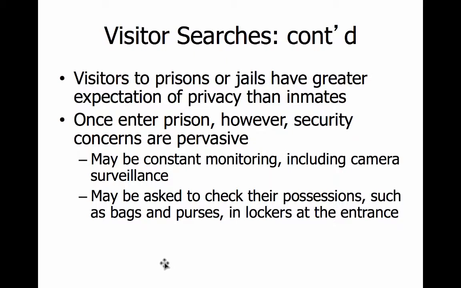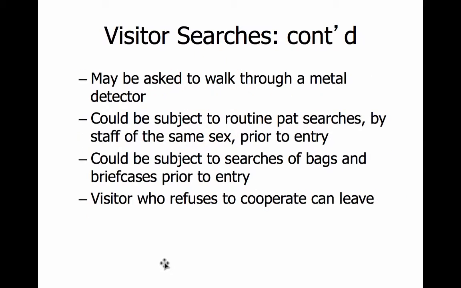However, once they enter prison, security concerns are pervasive and they can be checked. They could be asked to walk through a metal detector, or undergo pat searches by same-sex staff, or have their bags and briefcases searched. If visitors refuse to cooperate, they can leave.